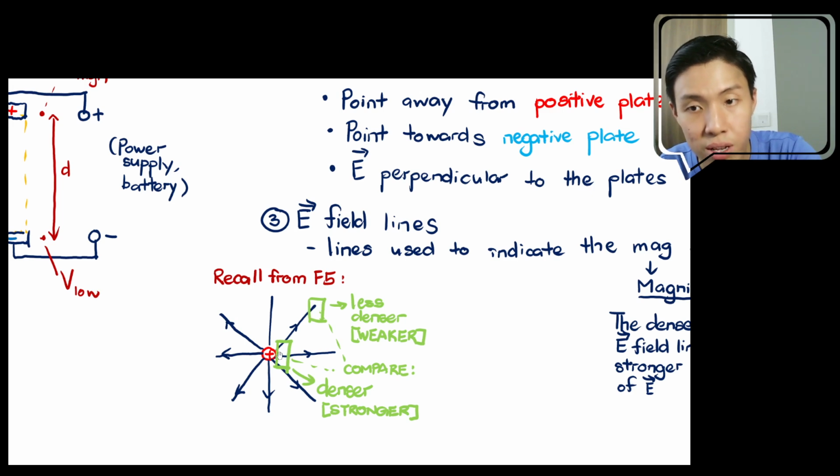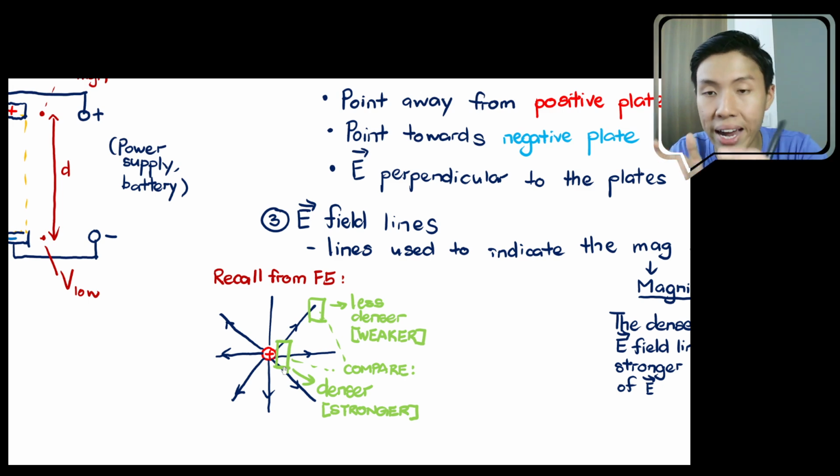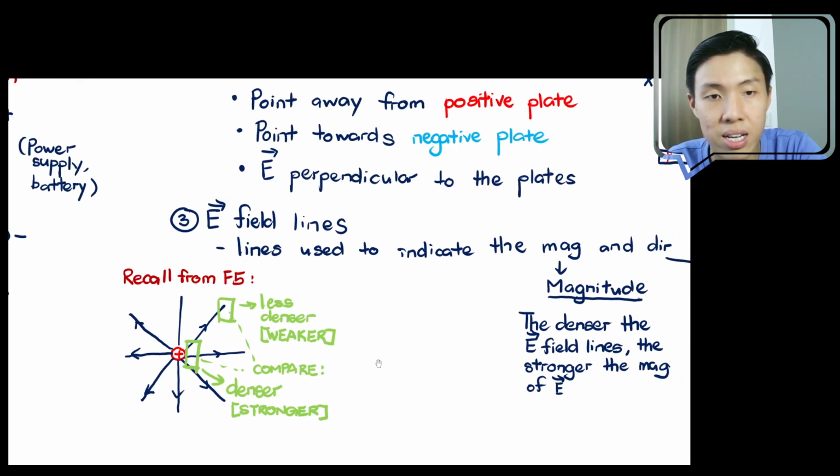So the electric field lines over here are more closely packed, or you can say denser. The denser the electric field lines, the stronger the magnitude of electric field. So here you will see a stronger electric field strength.